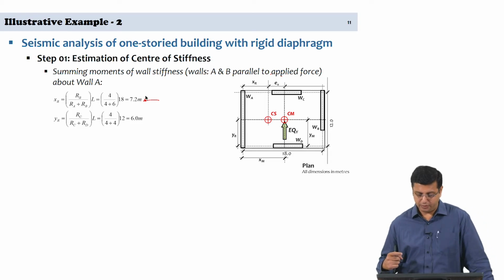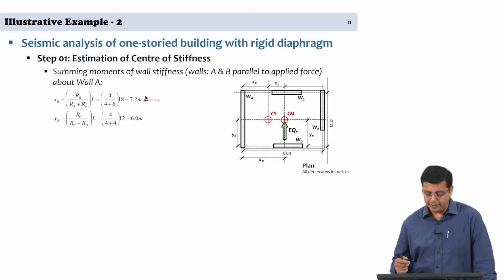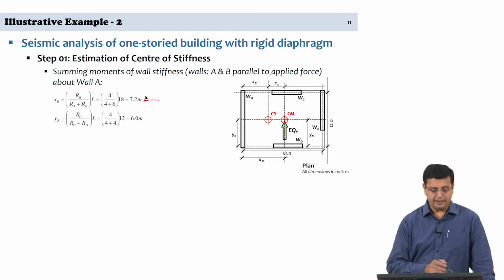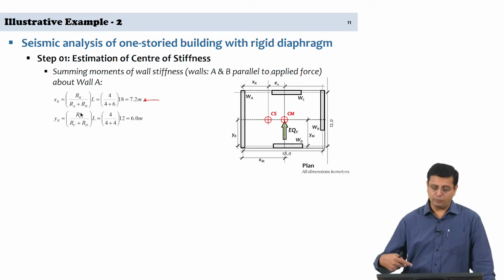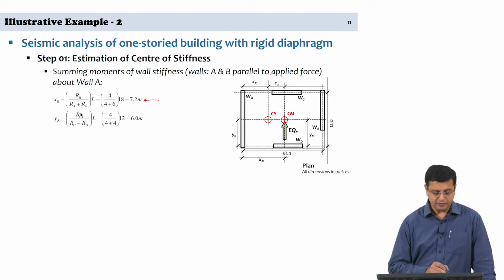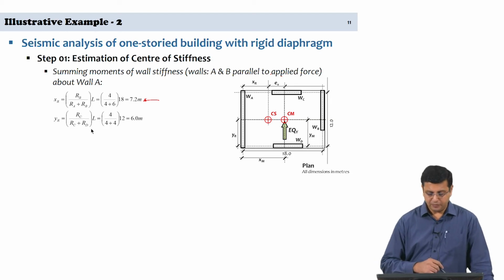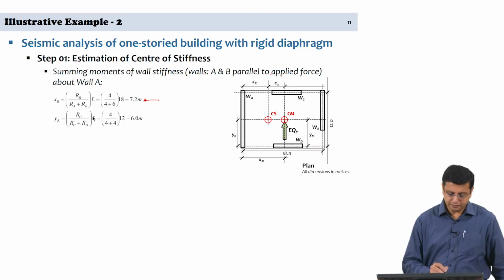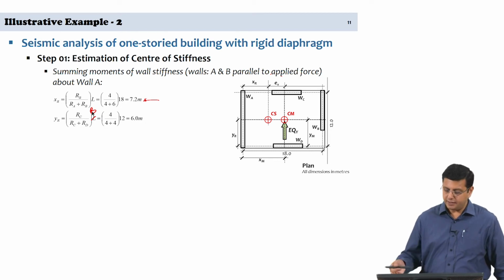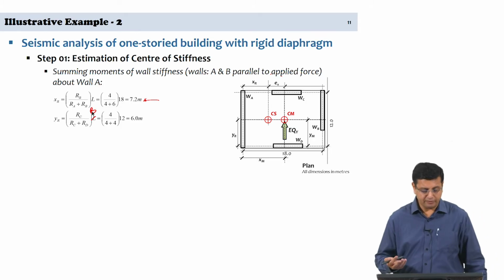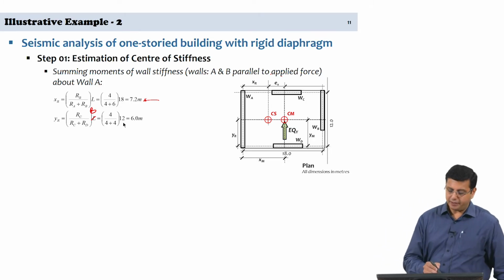yr, to be able to estimate yr, we look at walls C and D, and in this case therefore yr is equal to Rc divided by the sum of Rc plus Rd multiplied by the breadth, this is B, and so 4 by 4 plus 4, C and D both have a relative stiffness of 4, multiplied by the total breadth 12, and therefore yr is equal to 6.